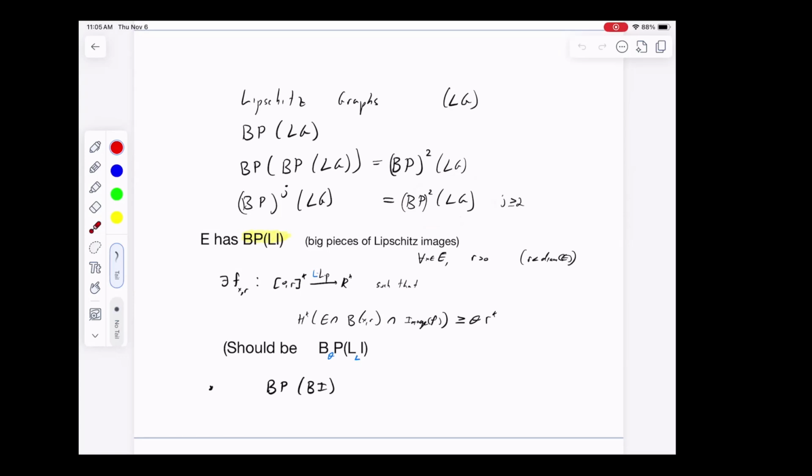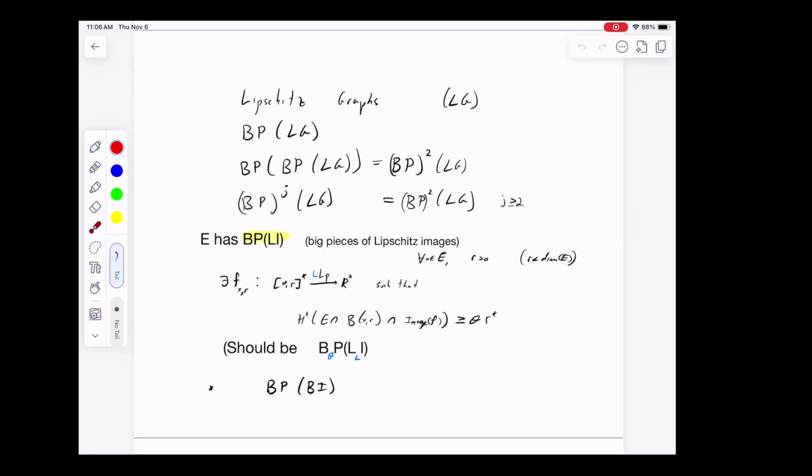A special nice family F is what is called Lipschitz images. Having big pieces of Lipschitz images means that your set F is of this form.